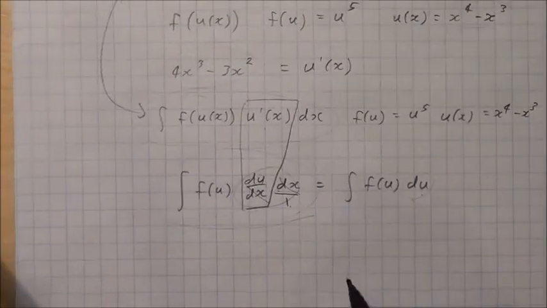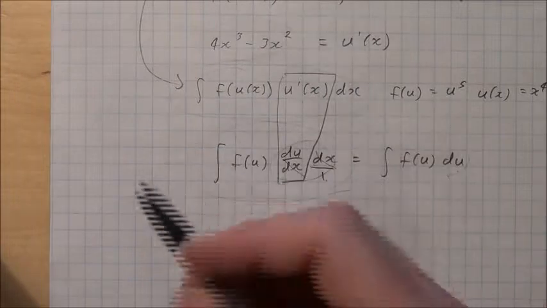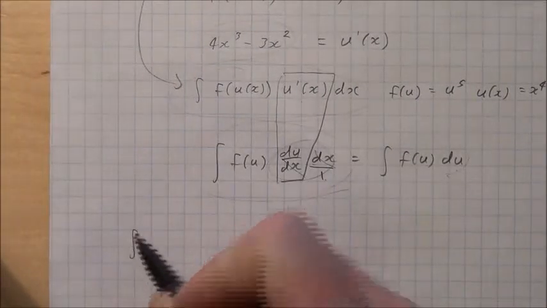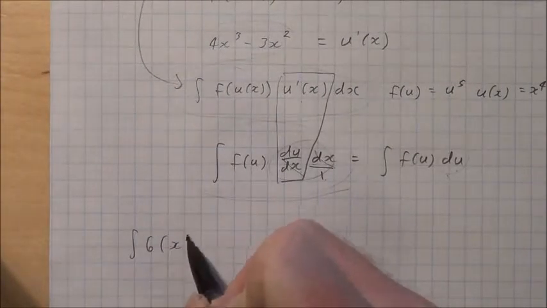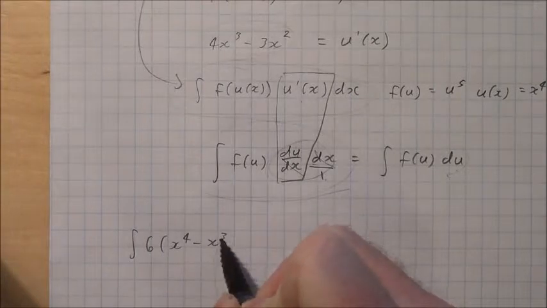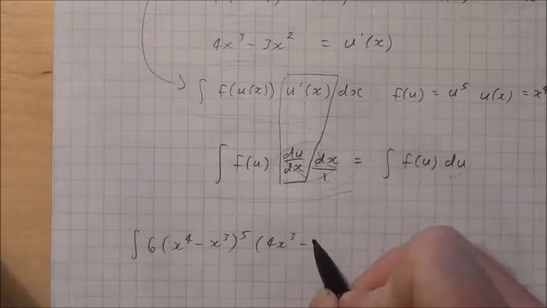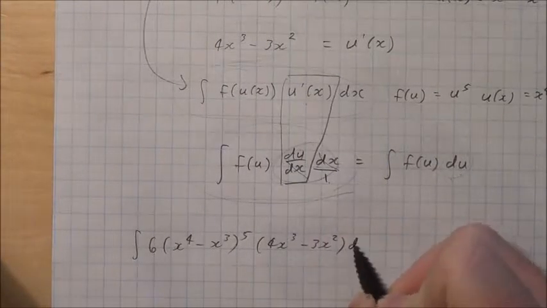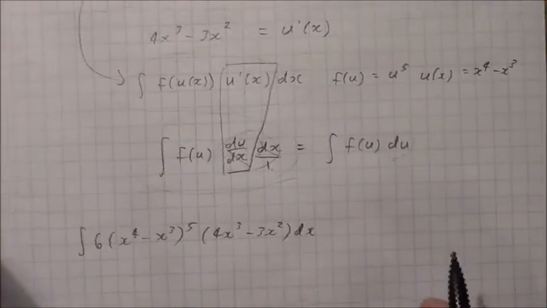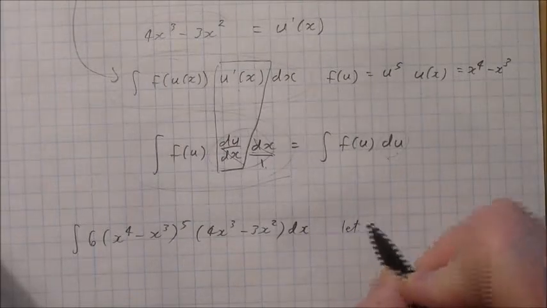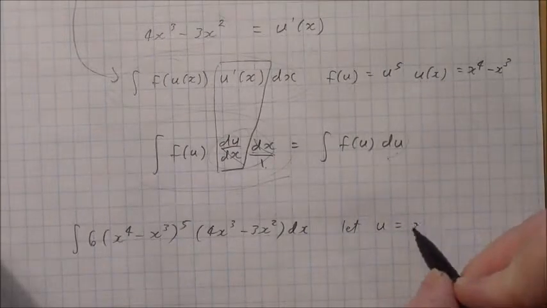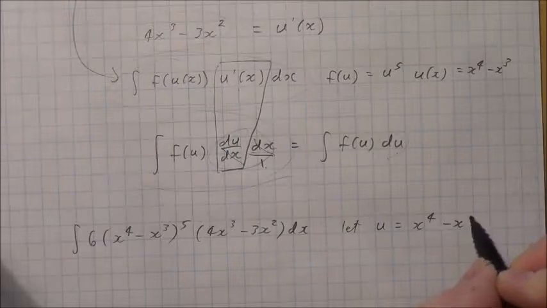So we go back to this again. If we're trying to find the integral of 6 times x to the power 4 minus x cubed to the power 5 multiplied by 4x cubed minus 3x squared dx, we're going to let u be x to the power 4 minus x cubed.